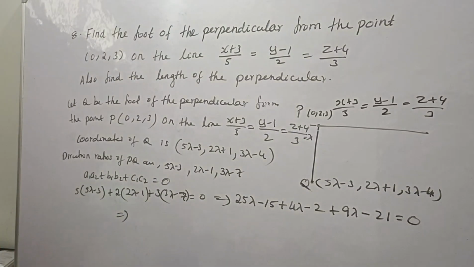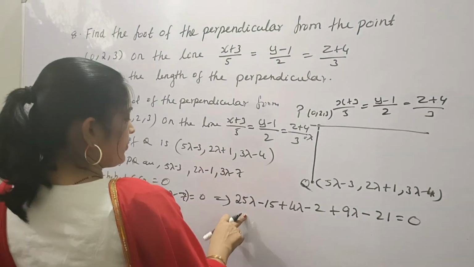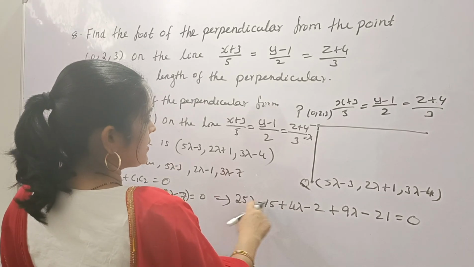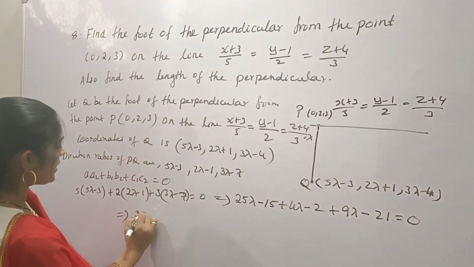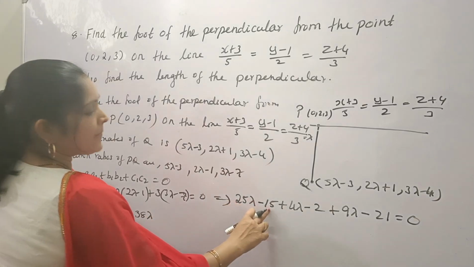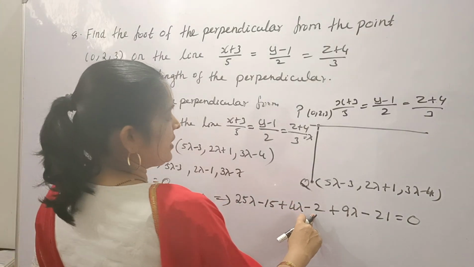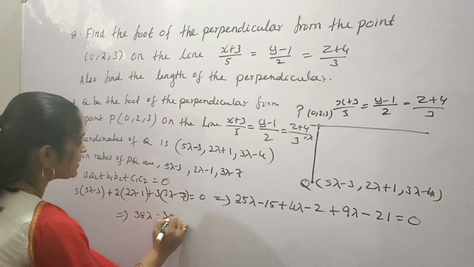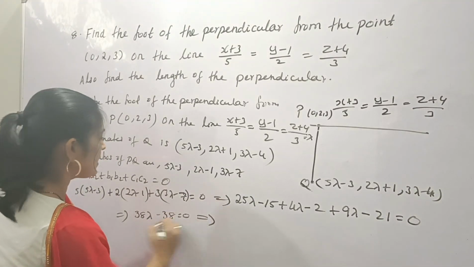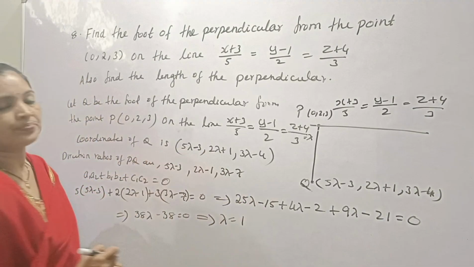That implies 25 plus 4 plus 9, 38 lambda, minus 15 minus 2 minus 21, minus 38, is equal to 0. This implies lambda is equal to 1.